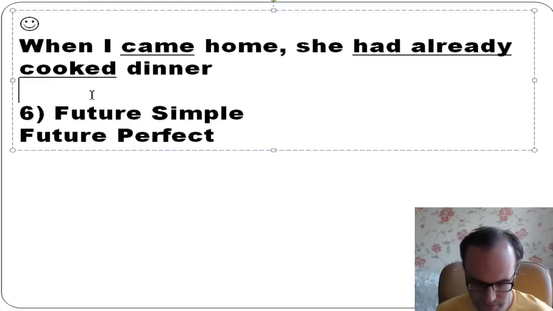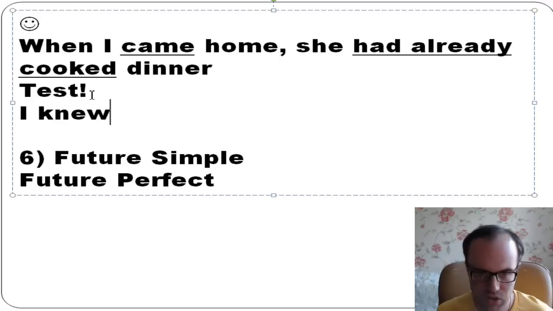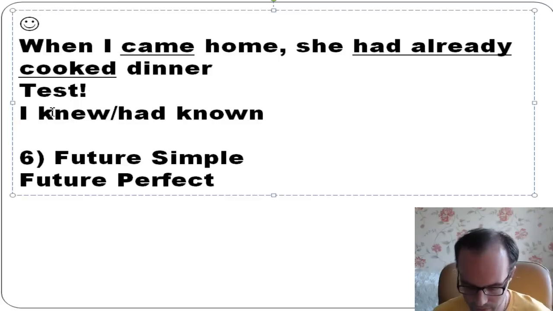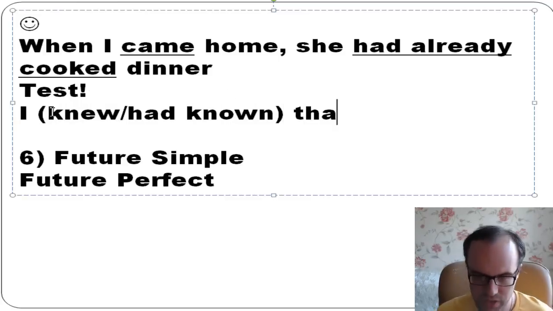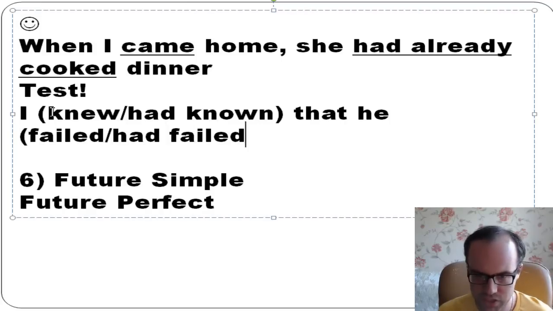And I also think that you are ready for a short test. Okay? So I knew, or I had known, that he failed, or that he had failed the test.